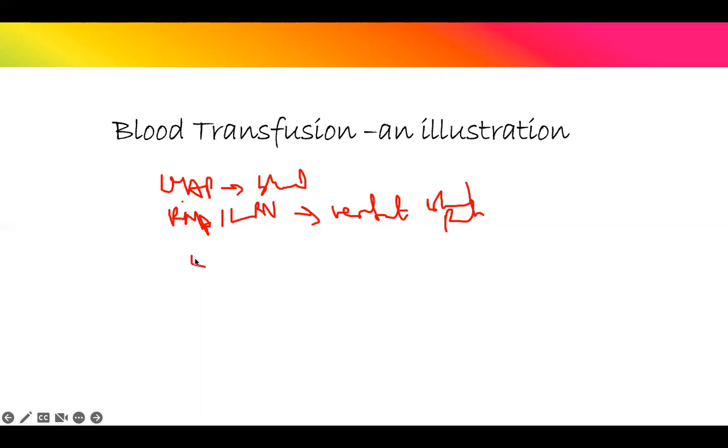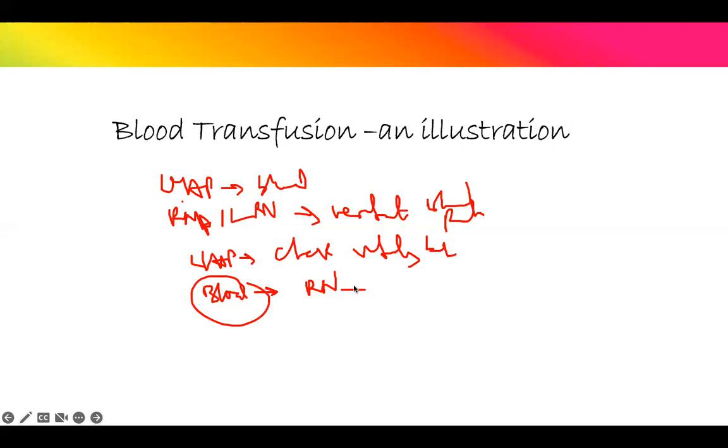The UAP then can check the vitals of the patient before you start the blood. As soon as the blood transfusion starts, who initiates the blood? The nurse, the RN, after it is verified by the LPN.